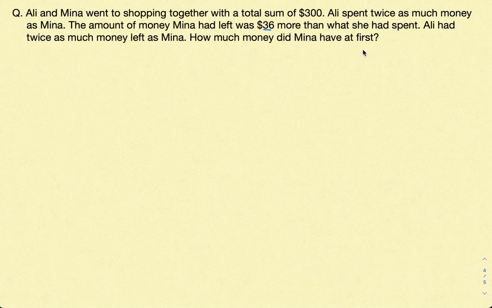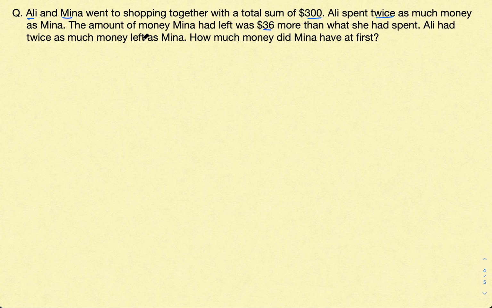Okay, so what we have here is that there are two people, Ali and Meena, and they went to shopping together with a total sum of $300. That is the first thing we know. Ali and Meena together are having $300. Now Ali spent twice as much money as Meena. Ali has spent more than Meena. How much more? Twice.